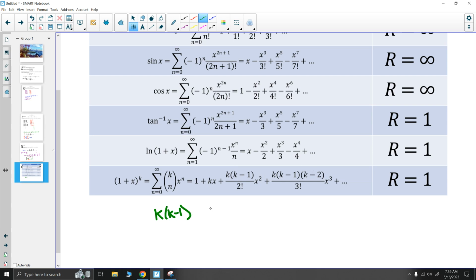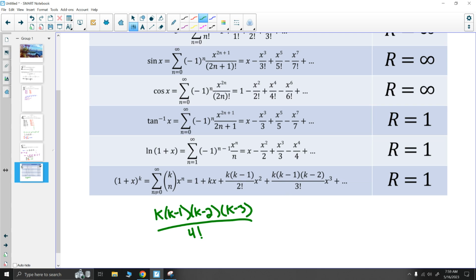And when it's 3, we have times k minus 2. And when it's 4, it'd be k minus 3. That's what this k choose n is, over whatever thing factorial. So this would be the 4, so this would be 4 factorial. So 1, 2, 3, 4, 4 factorial. So this is how we describe k choose n in our format.